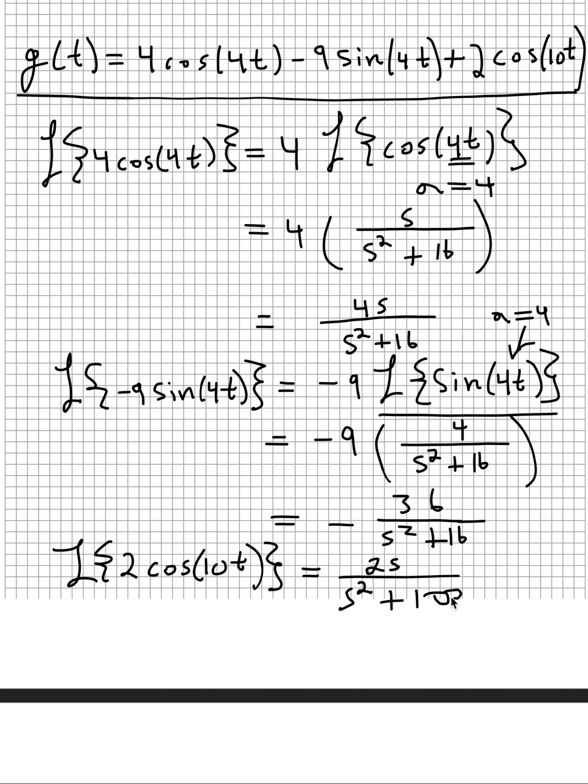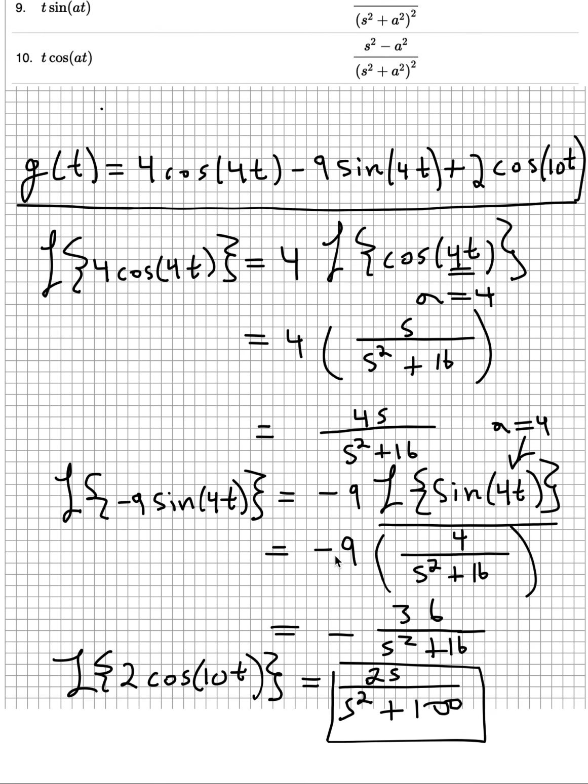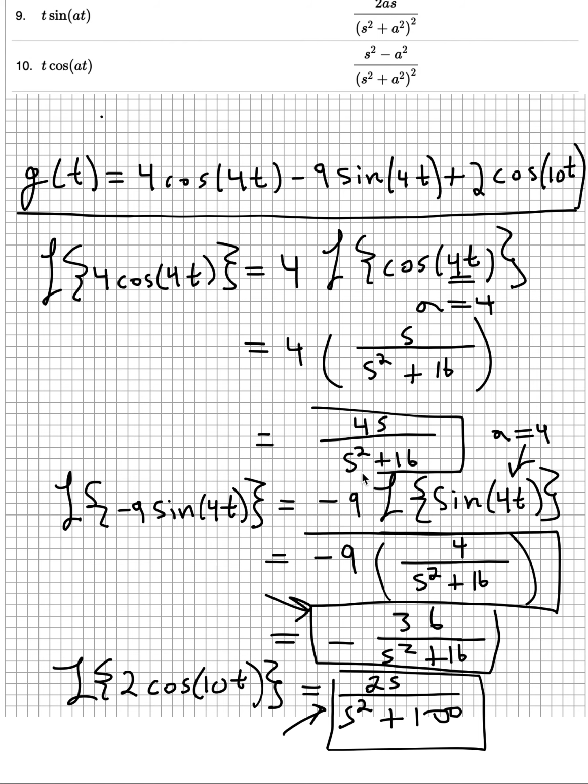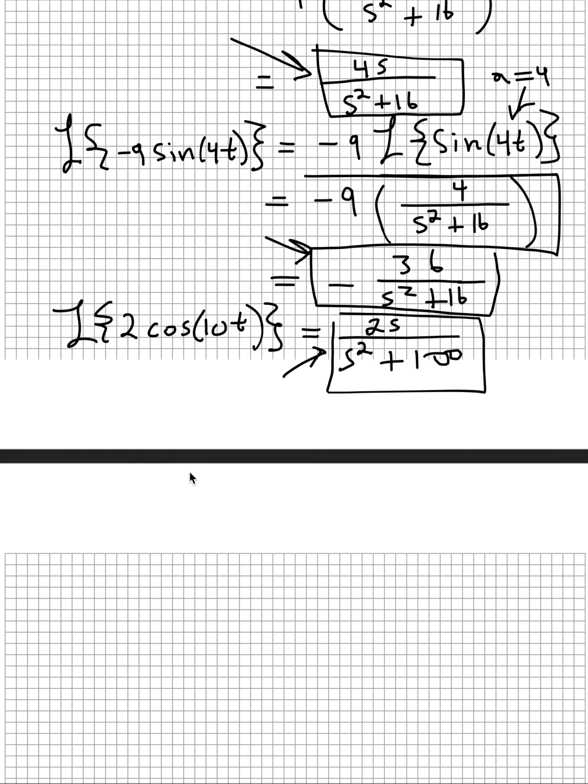That's what you should get. So altogether, you should have this solution, this one down below, though these two are the same. You want this one, and this one, okay? And you just add those three together, and that would be the Laplace transformation for g of t up here, okay?